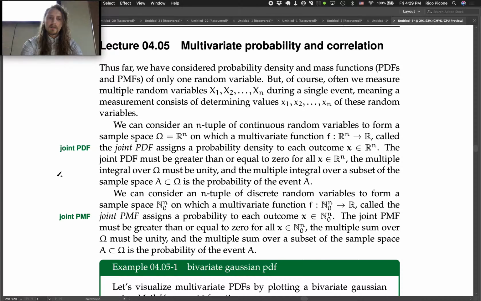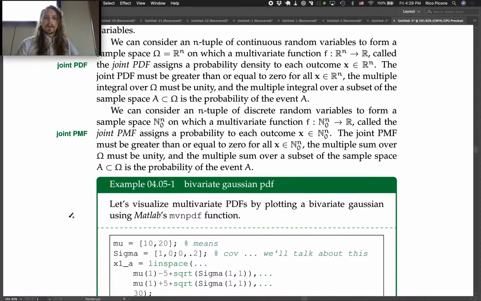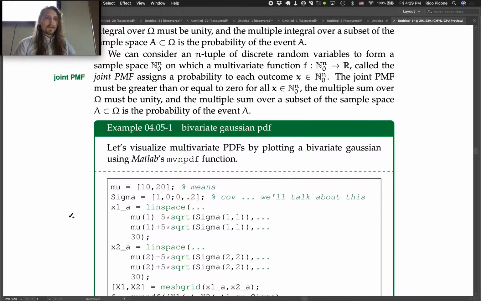You can index the sample space with the natural numbers, of course. The joint probability mass function must be greater than or equal to 0 for all x, and the multiple sum over omega must be unity, and the multiple sum over a subset of the sample space A is the probability of the event A. So it's very similar to probability density functions that are not joint, which are just single variable, but these ones are multivariable.